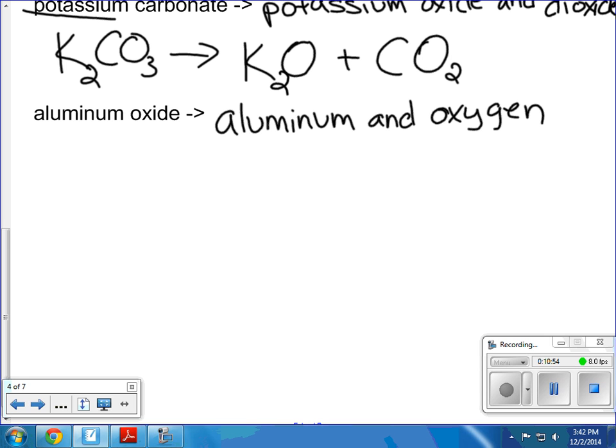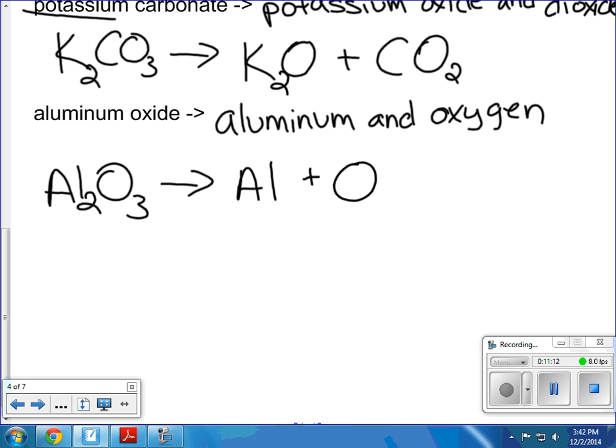We write out a formula. Aluminum oxide. Aluminum has a +3 charge. Oxygen has a -2 charge, so if we cross them, Al2O3. Put our yield sign. The symbol for aluminum is just Al. It is not a diatomic, but oxygen is. So now that is aluminum and oxygen gas.